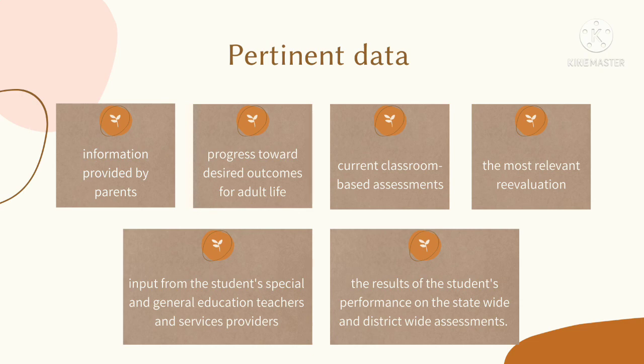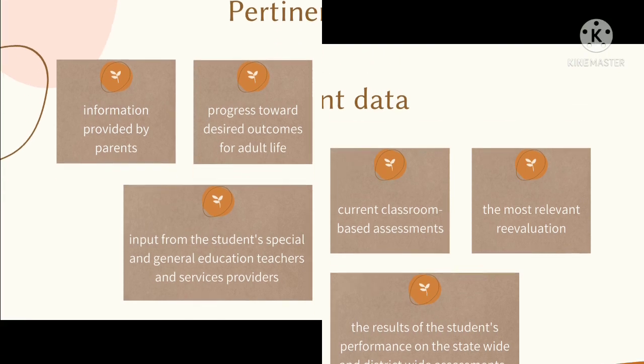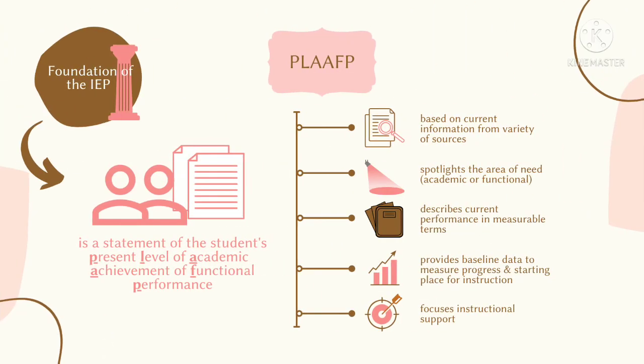Now, before we head on to the guidelines in developing the statement of the student's present level of academic achievement and functional performance, let us first understand the PLAF. PLAF is a statement of the student's present level of academic achievement and functional performance.